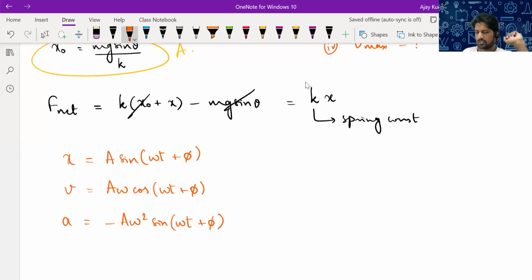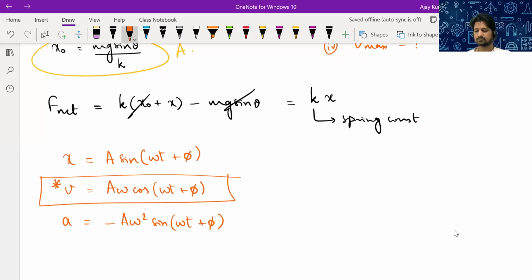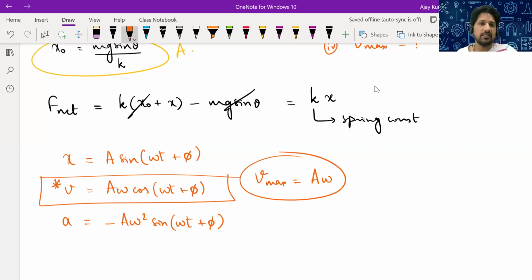Now from this, you tell me, how much is the maximum speed in SHM? What is the maximum value of this velocity function? A ω. So if you are sure that it executes SHM, then the maximum speed can be directly written or calculated as A ω.